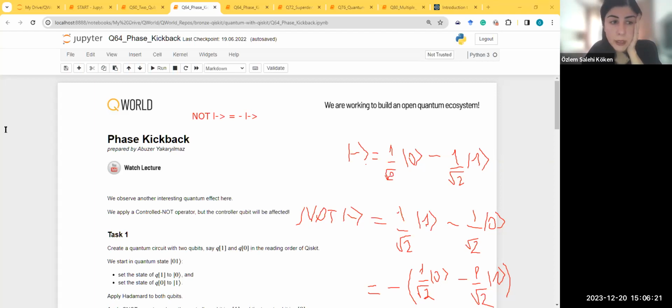So from this, I can conclude that if I apply NOT gate on minus state, then what I get is again minus state with a minus at the beginning. So you can also think about this as minus 1 times minus state.